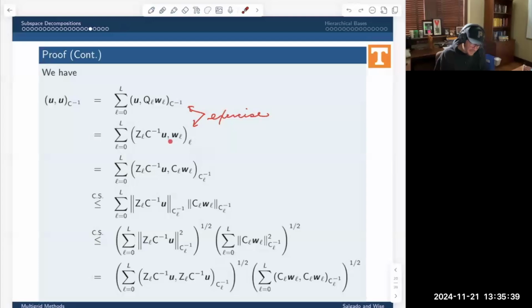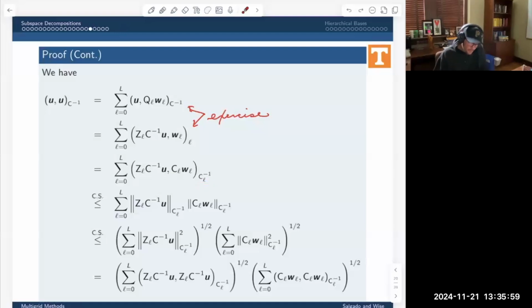That just gives the identity. And then we're going to pull the CL inverse out so as to make an inner product. So here I had CL inverse times CL, but that's just the identity, and then I pulled the CL inverse out. Otherwise it stays the same.